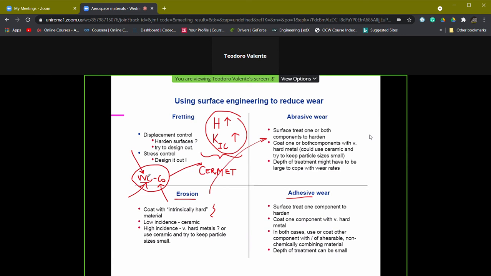As you have seen, we have left at the end of our lectures the topic of surface engineering technologies, corrosion and wear, because they are strictly related.